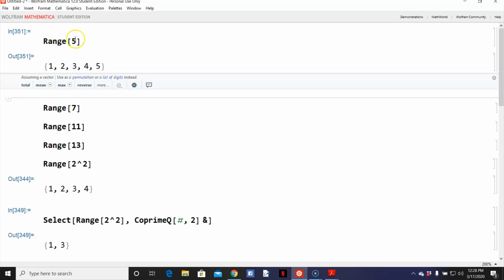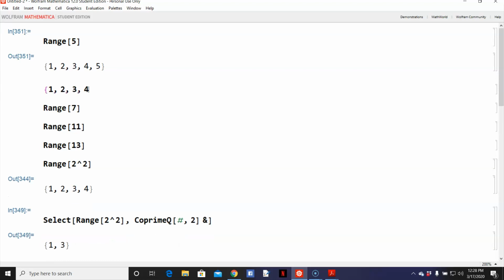Okay, so which numbers between 1 and 5 have a common factor with 5? Well, 5 is prime. So its only factors are 1 and itself, which means that 5 is not relatively prime to 5, but all of these values are. So in particular, 1 through 4 have to be relatively prime to 5.